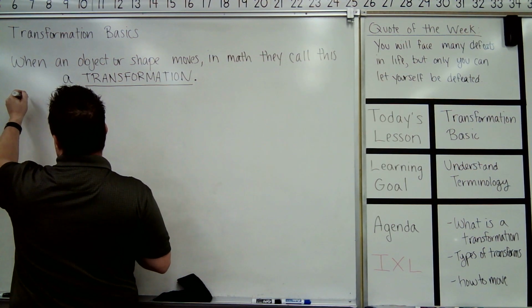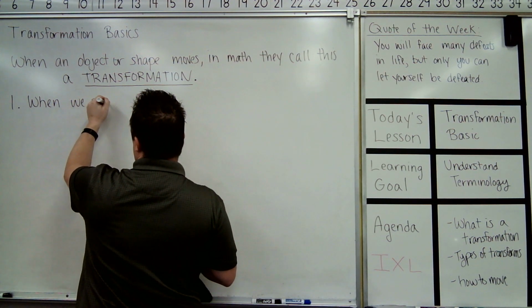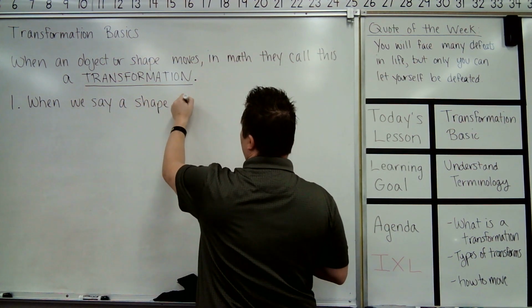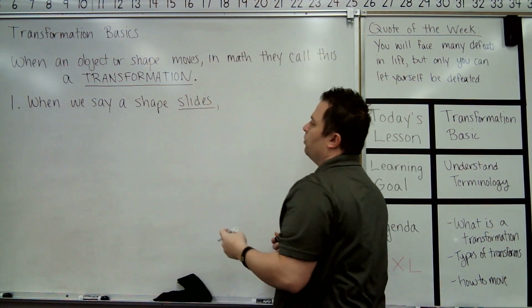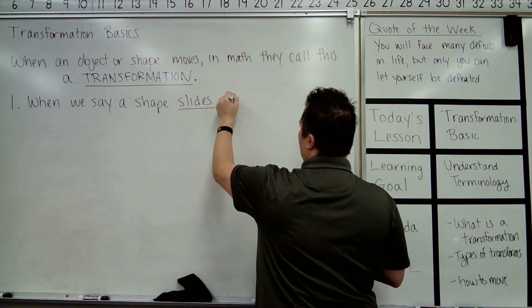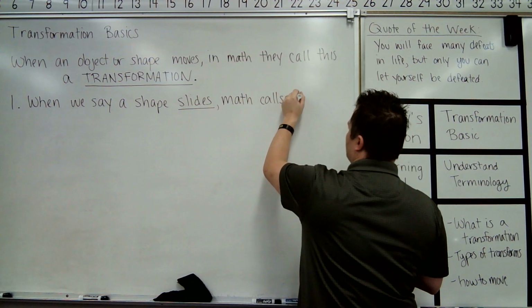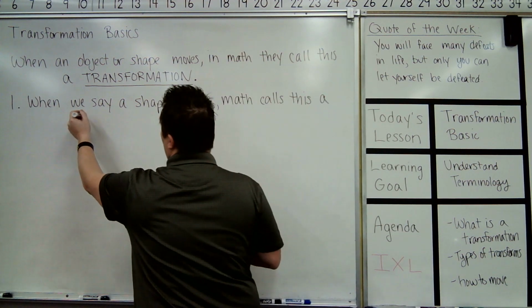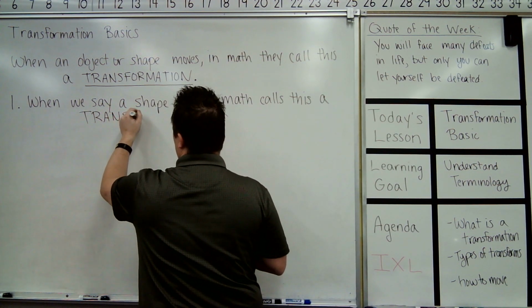So when we say a shape slides, okay, we say that the shape would slide. Math calls this a translation.